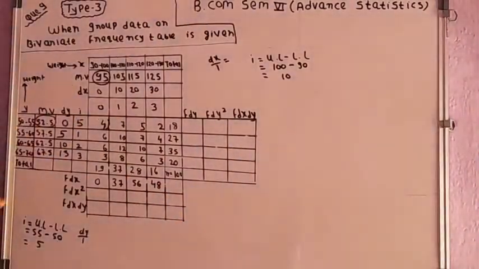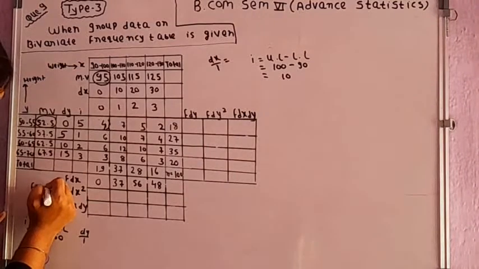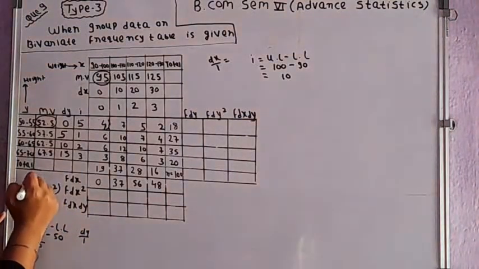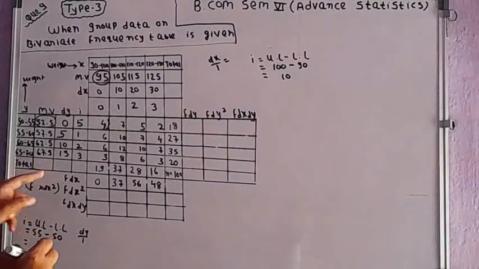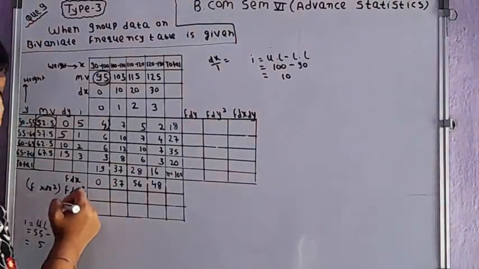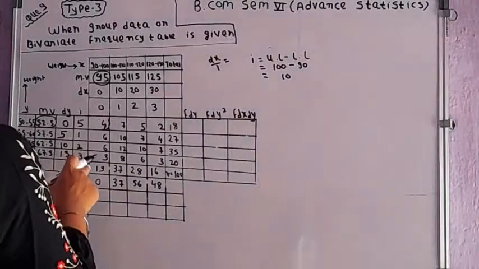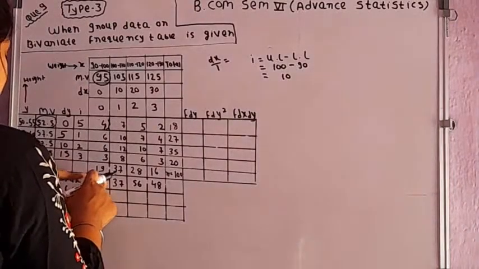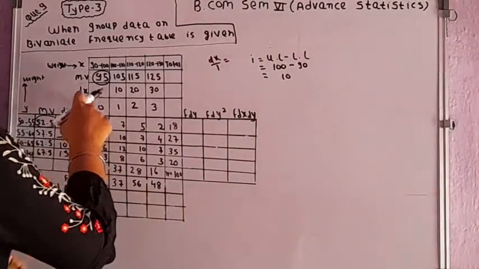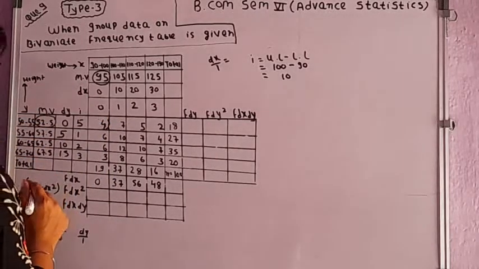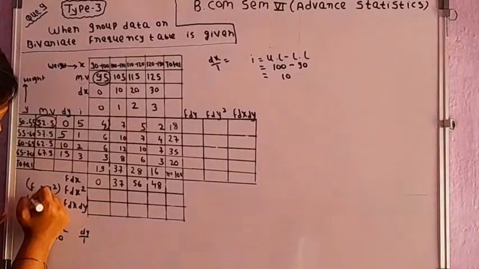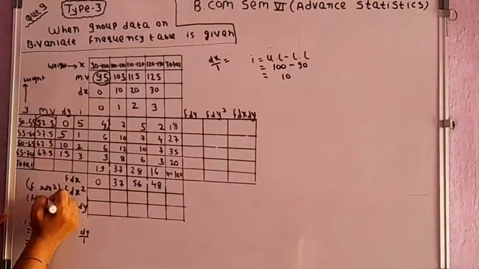Now we have to find out fdx square. So here it means f into dx square. Okay. So we cannot directly make the square of this fdx column to calculate fdx square. What we'll have to do, we'll have to take this column of fdx, then after this dx column, means the simpler form of dx column, that is I column. So here we will have to do fdx into dx.